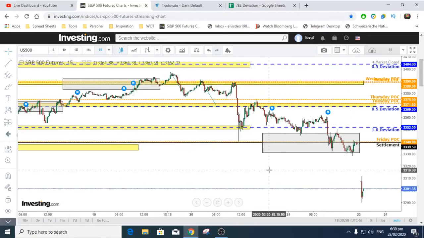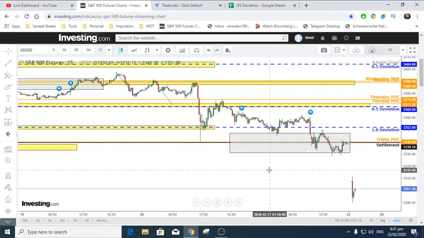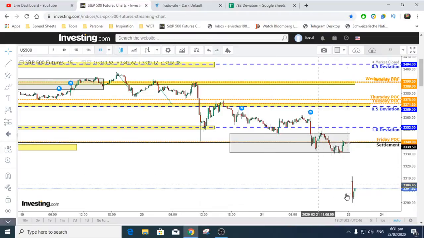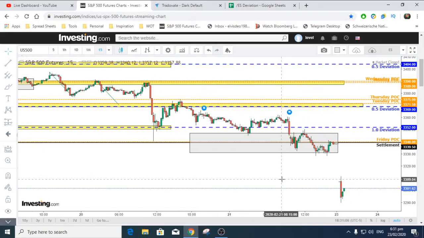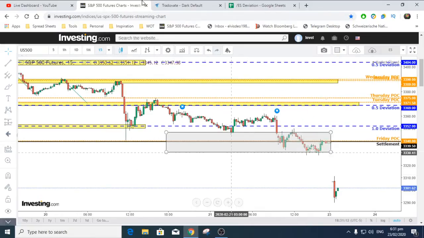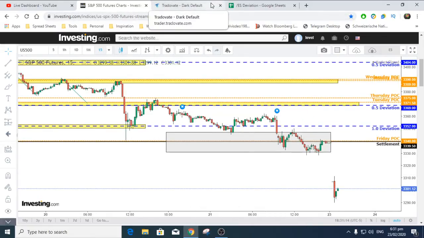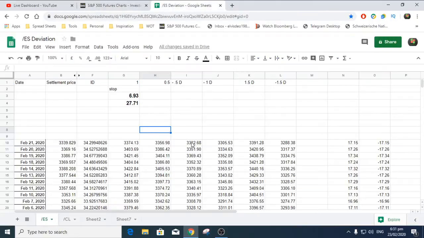Early o'clock, we actually have an early trade posted on the demo account. Got in pretty quickly on that. Alright, so this 15-minute chart, I need to pull deviation levels.